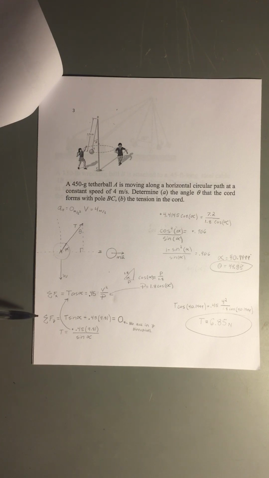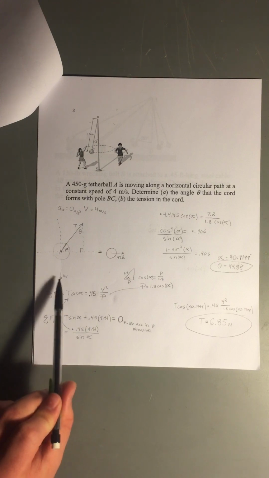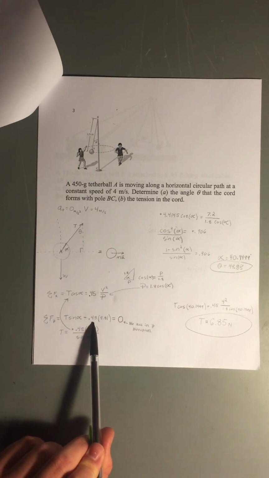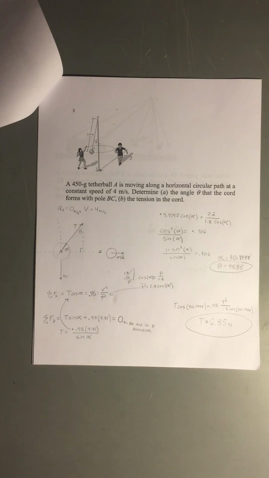and so we can do the same thing in the y direction. And so the sum of the forces in the y direction, we have the vertical component of tension, which is sine alpha times tension. And then we also have the weight pulling down, which is our 0.45 kilograms times 9.81.